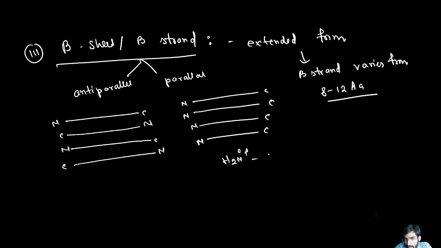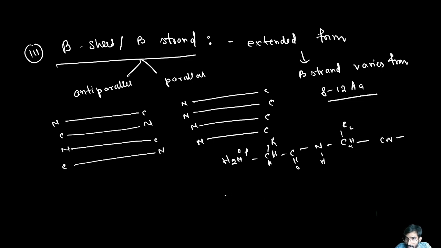NH3 plus, CH, now this is R, and this is CO. This is again NH, again C alpha, R2, okay, again H or C double bond.